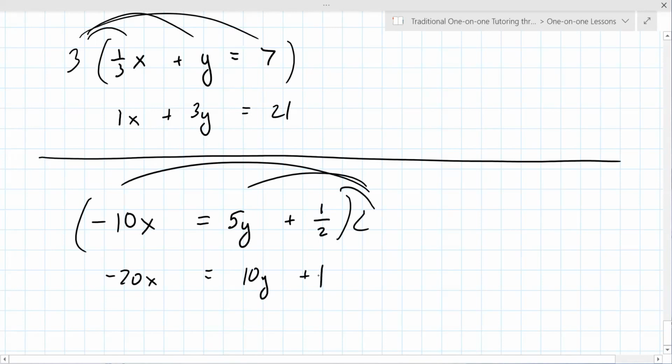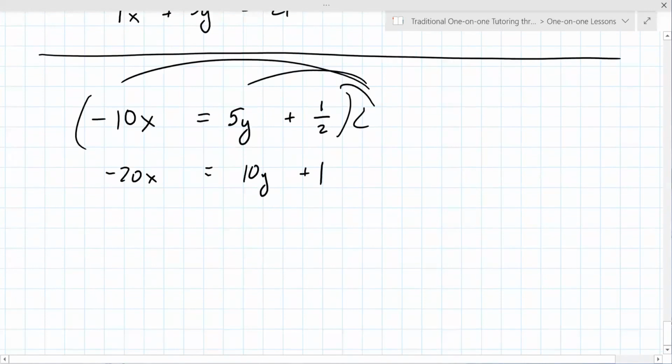Okay, so this is not in standard form yet. We'll switch 10y here. So is the number in front of y, this 10, positive or negative?